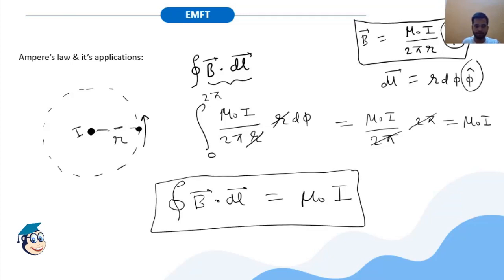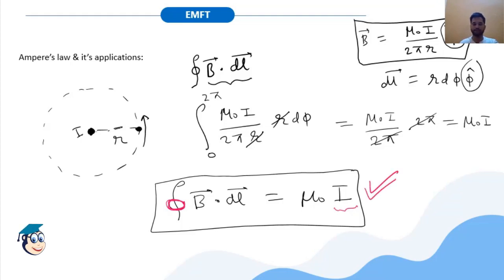We have this closed loop which we are going to integrate, so we ask what is the amount of current inside that loop, and we put that current here. If there is no current inside the loop, then the magnetic field is zero. We are going to see its application. Before that, I will tell you that this is the integral form of Ampere's law.